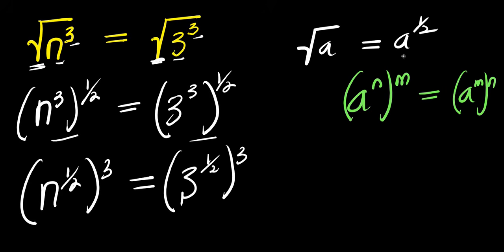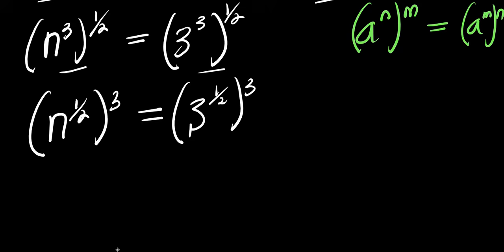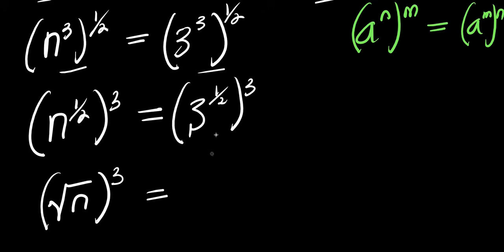And remember, a power 1 over 2 is the same thing as square root of a. So, n power 1 over 2 is the same as square root of n. So this is square root of n to the power of 3 equals, this is square root of 3 to the power of 3.